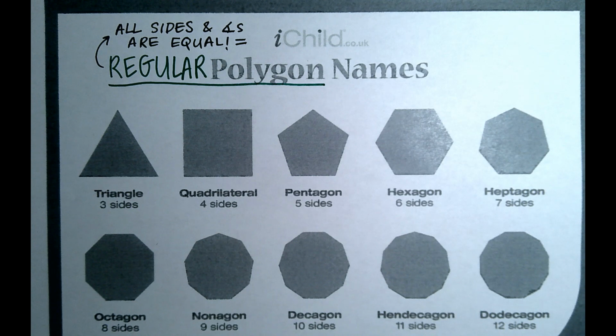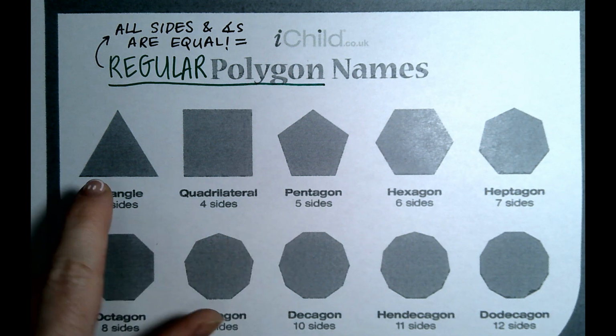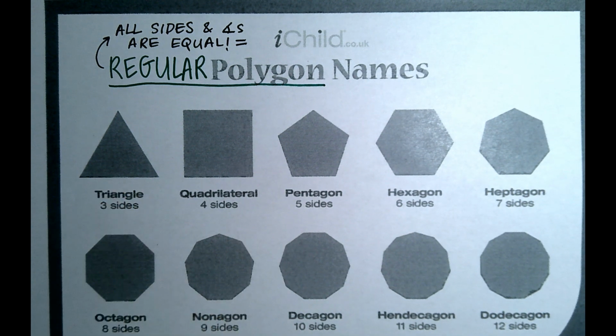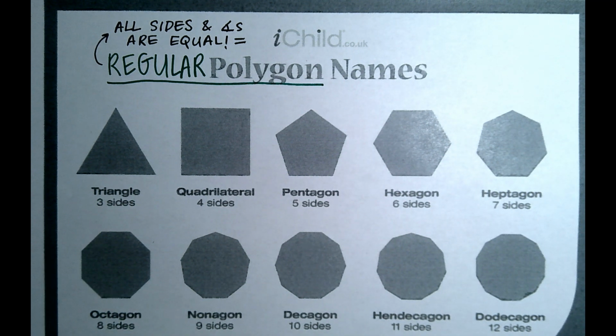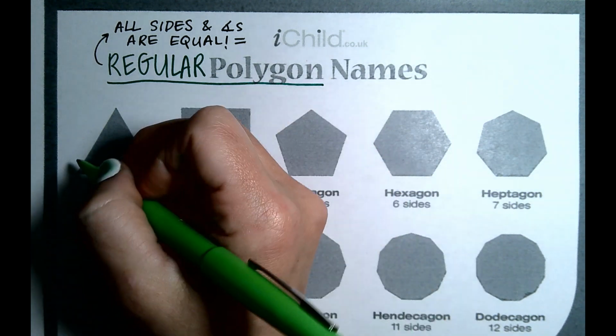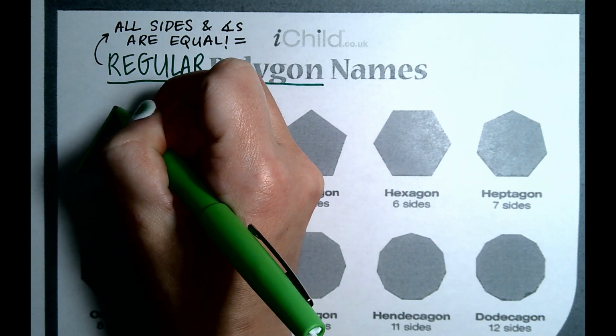And there's a certain way that we do label our sides and our angles and different parts of our polygons. So we're going to start with a triangle. On a triangle, we have three sides, and they are all the same length.